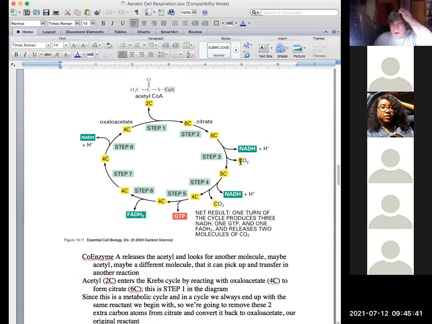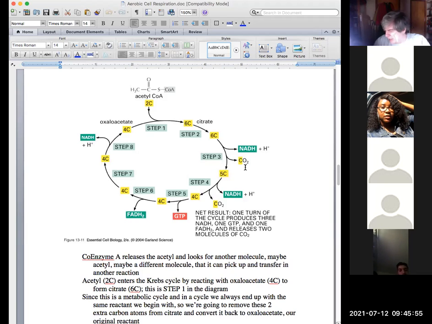So the COO is lost as carbon dioxide. The H gets picked up by NAD plus again to make NADH and a hydrogen with a positive charge. And this gives us a compound that only has 5 carbons. And this is called alpha ketoglutarate.